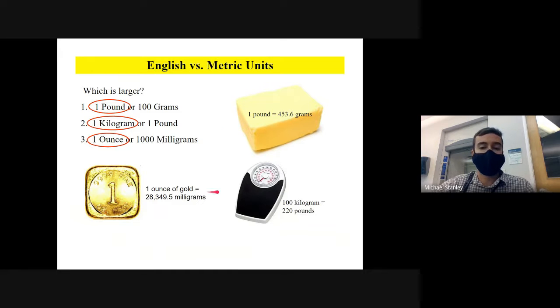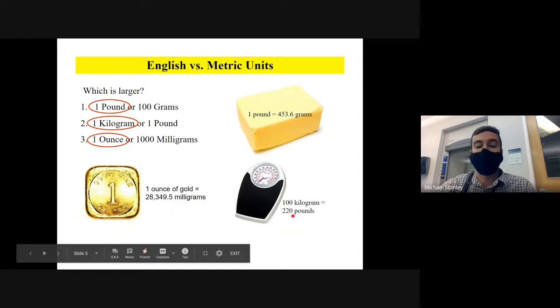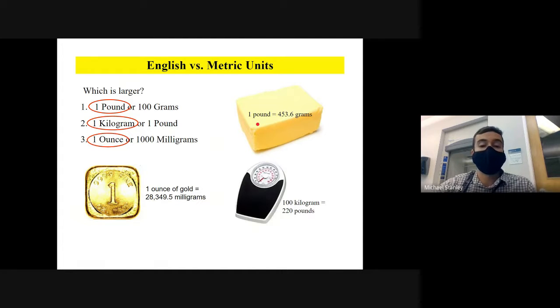So a kilogram is about 2.2 pounds. So if somebody weighed 220 pounds, they'd weigh about 100 kilograms. And then 1 pound is about 450 or so grams. So a gram is pretty small and light, and a kilogram is relatively hefty.